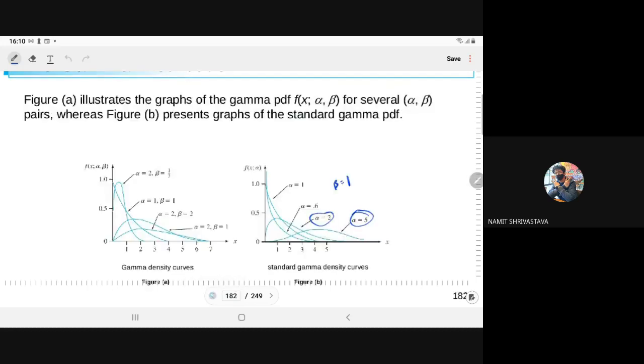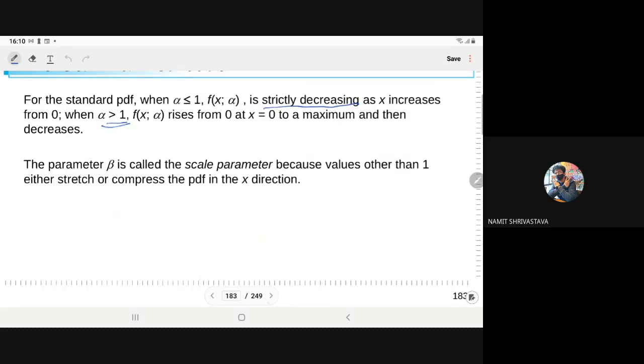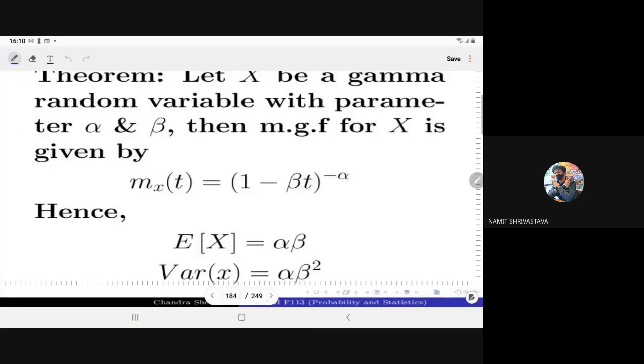So for different values of beta, we have either the stretched graph or the compressed graph. That's why we call it a scale parameter.